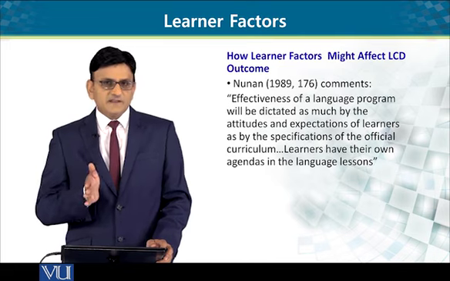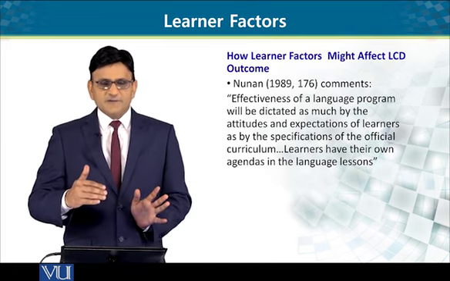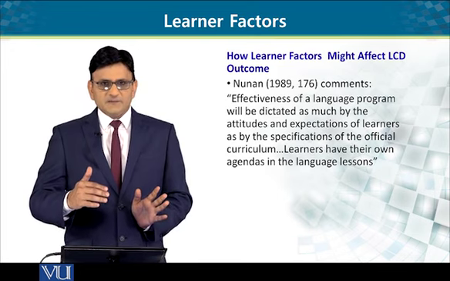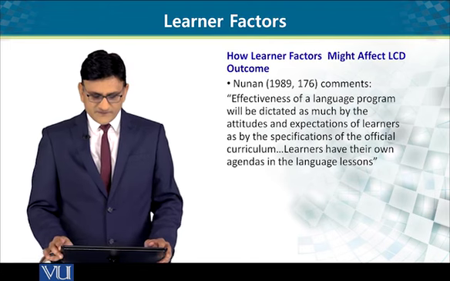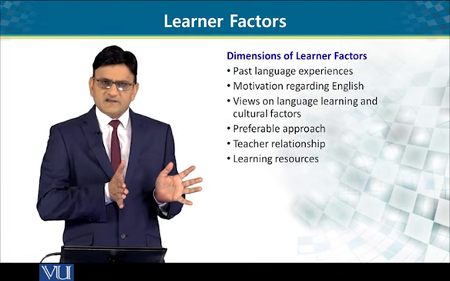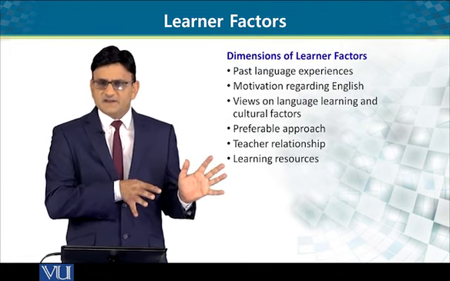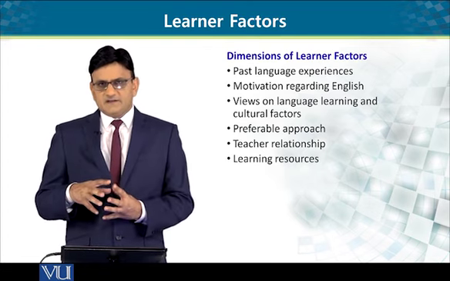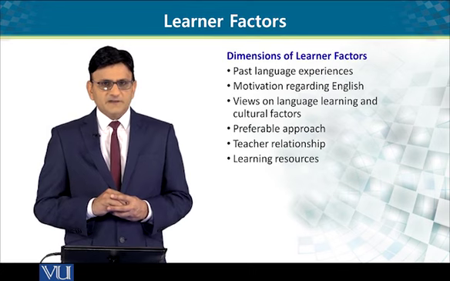So the effectiveness of a language program primarily rests upon understanding learner factors, right? As we have already discussed, language teachers have their own dimensions and dynamics, and similarly, learners have their own dimensions. And what are these dimensions?